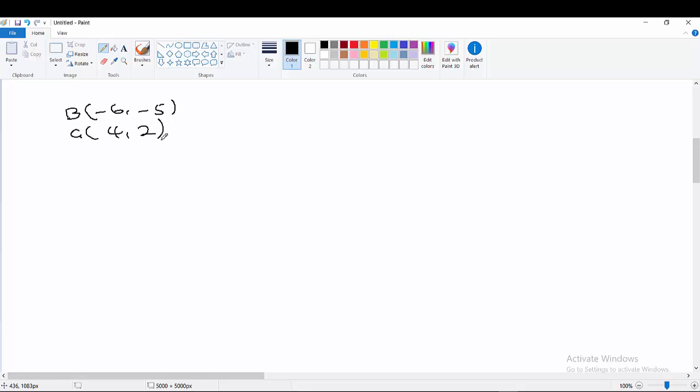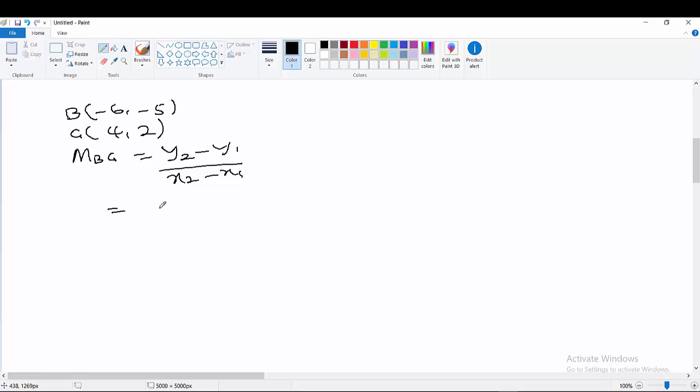So let us now find the gradient. The gradient MBG is y2 minus y1 divided by x2 minus x1.